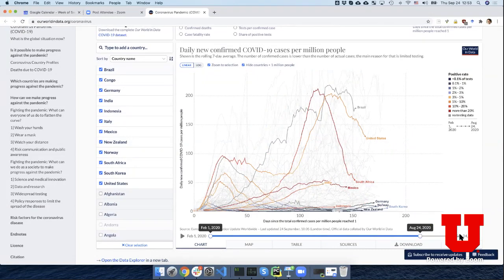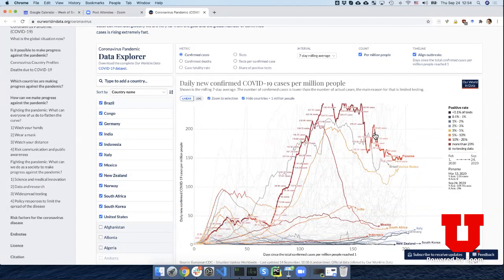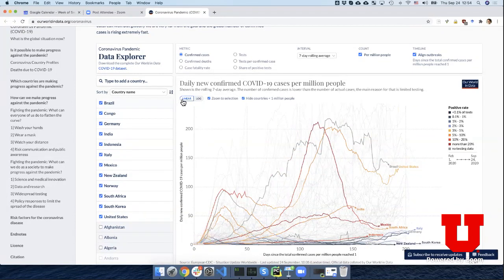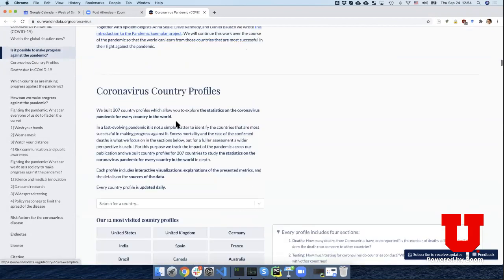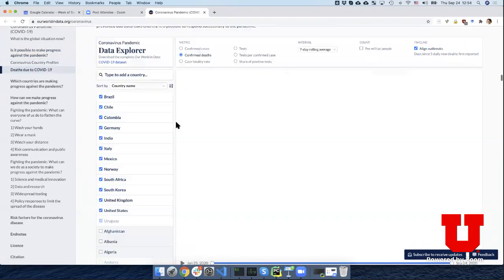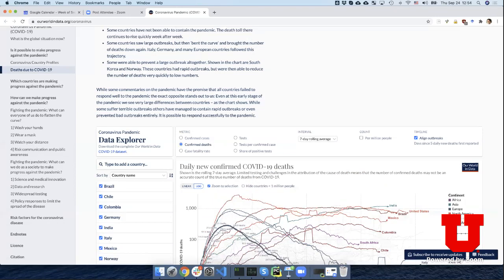So this is an interactive way where you can play around with different modalities and develop a better understanding dynamically. This website also goes into detail and provides lots of context and annotations, and it really does a very good job at responsibly communicating something that is as complex as this.